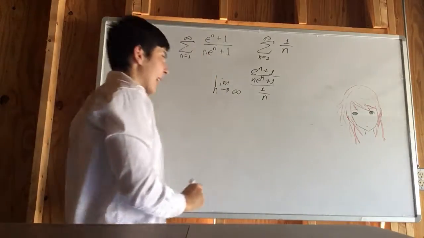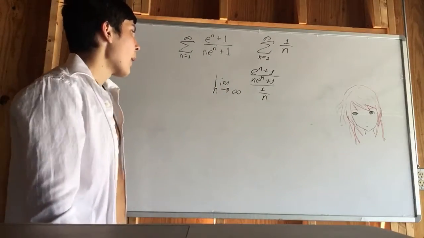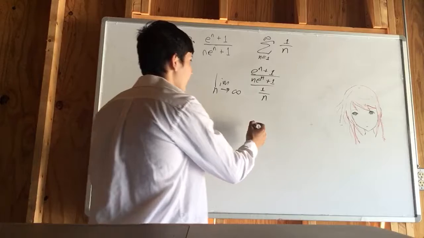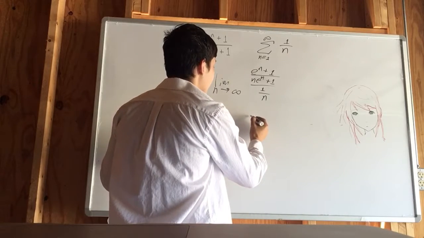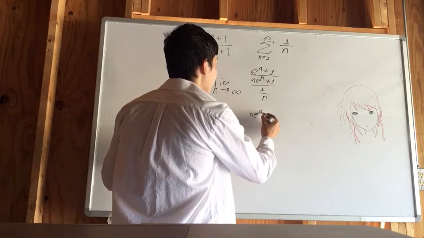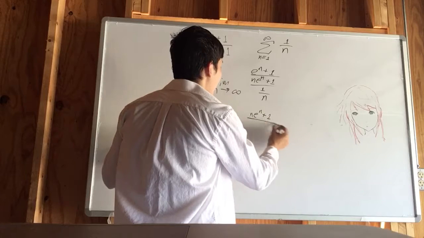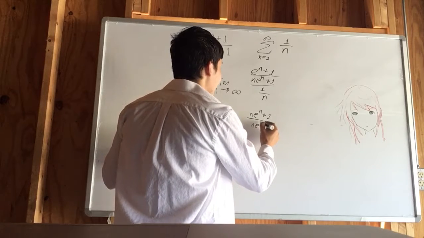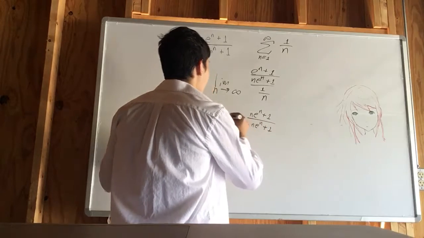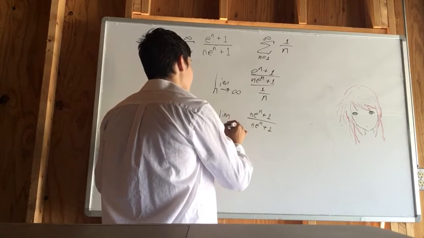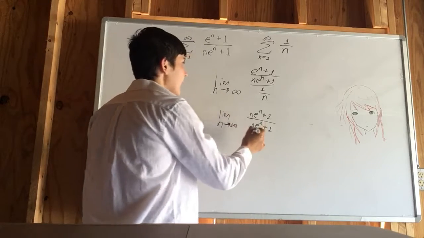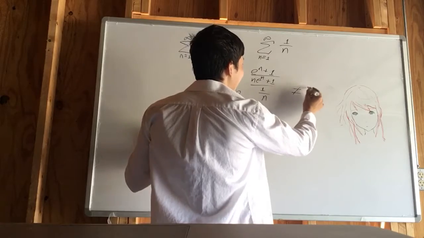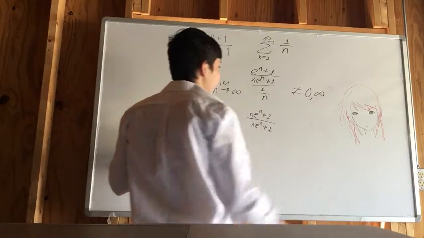And now we could take the limit as n approaches infinity of that. But, of course, we have to multiply by the reciprocal, to make that look nicer. So we would have n e to the n plus 1 over n e to the power of n plus 1. And why are we doing this? We're doing this to see if we can get something which is not 0 or infinity.